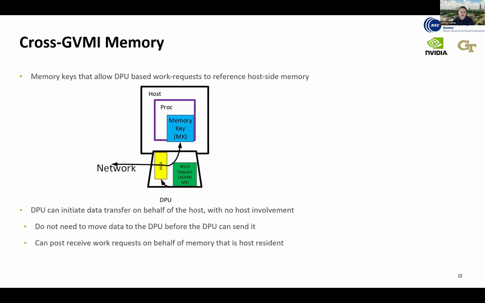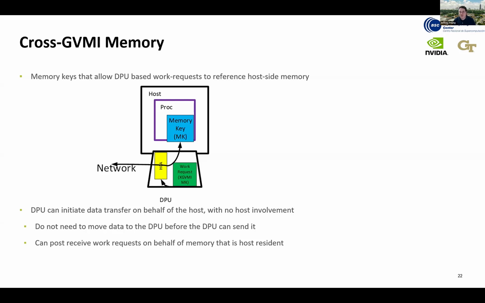In order to do that, a lot of times you need to exchange a memory key, set up a buffer region, and then use that to initiate transfers between either a host and a DPU, or in this case, we have a host memory key that we're allocating. The network is getting a work request, and then it's using that to DMA data from a host memory to a remote location. So this is really nice.